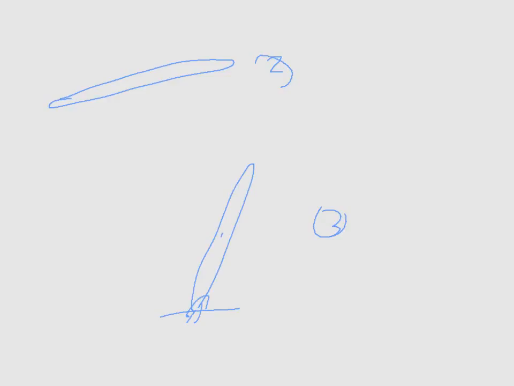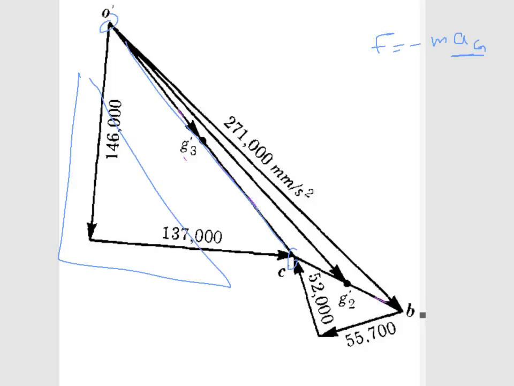Since the center of gravity will be in the middle, in the acceleration diagram we take half of the distance. So this will be our magnitude AG3.